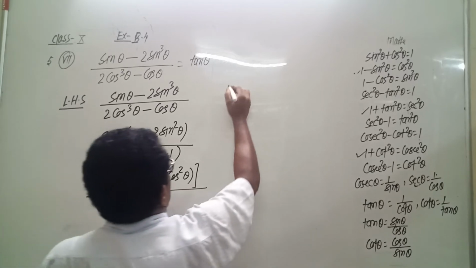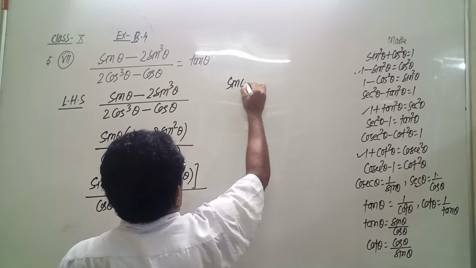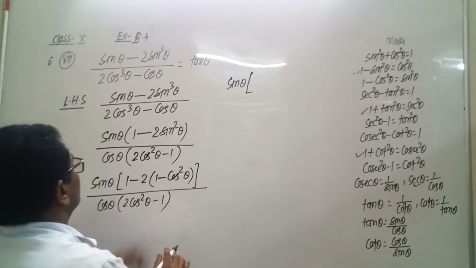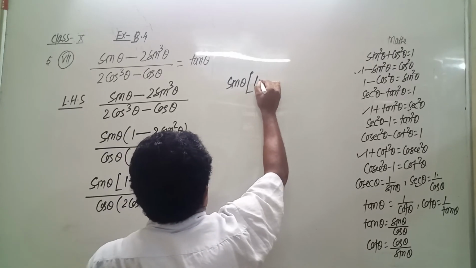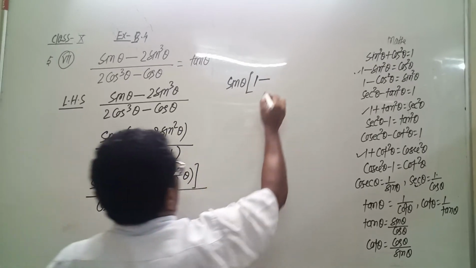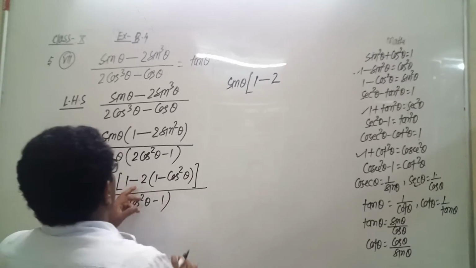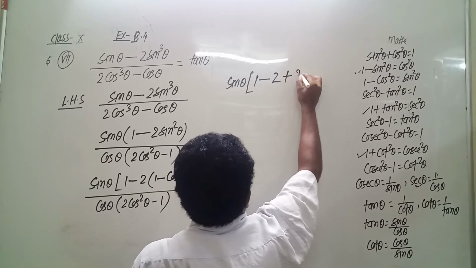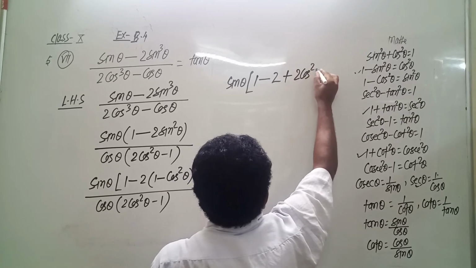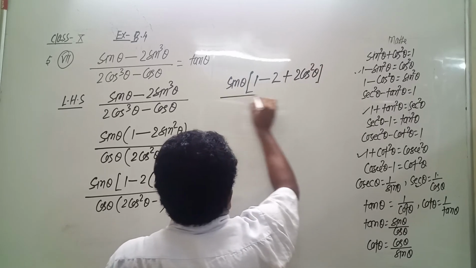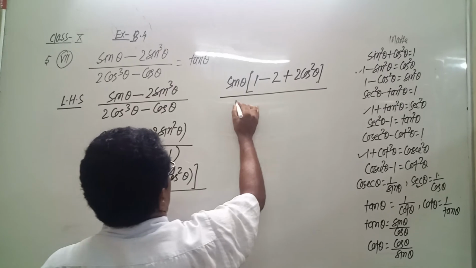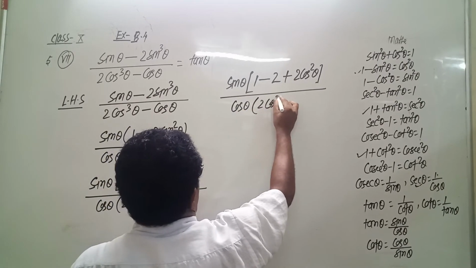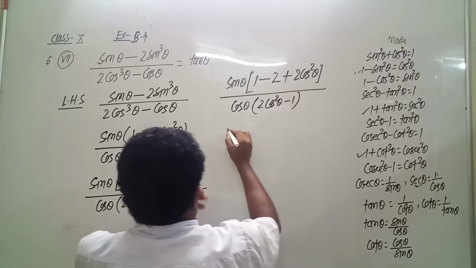Then sin theta, and remove the bracket: 1 minus 2 multiplied by 1, 2, and minus minus plus. So plus 2 cos square theta upon cos theta and 2 cos square theta minus 1.